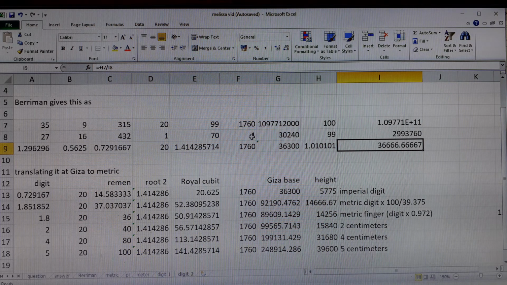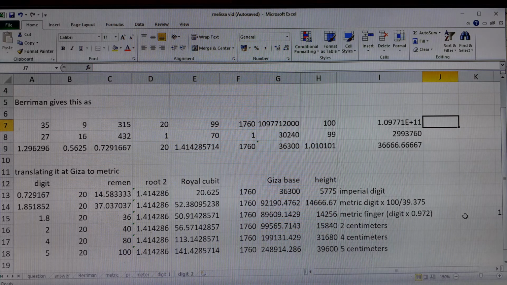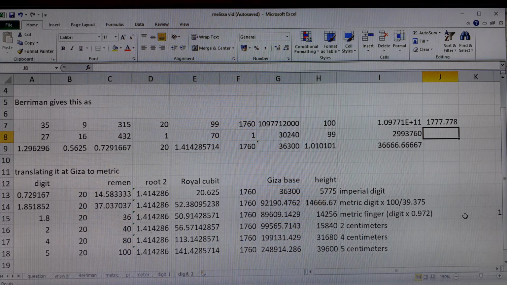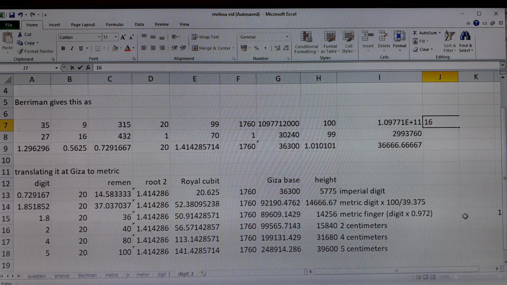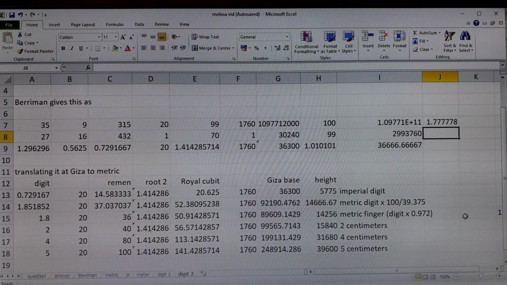And 1760 multiplied by 100 over 99 is 1777.778, and we can see what the Egyptians were doing here with this design, because that is 16 over 9 times 1,000.